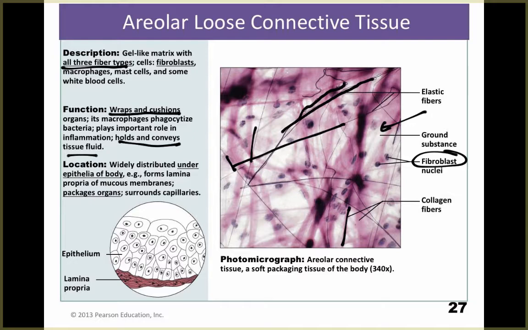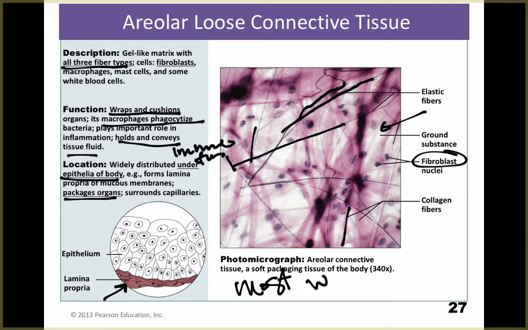And they're important in regulating immune function. And they talk about that with macrophages, basically eating. Phagocytizing means that they're bringing them in and eating bacteria. Locations that you can see with these are epithelial of the body, packaging around the organs, and they give you an idea of where you can see it on here as well. So this one is the most widely distributed tissue.